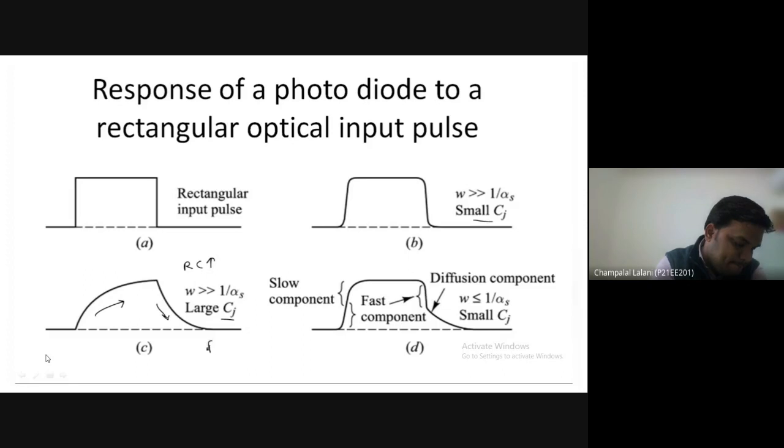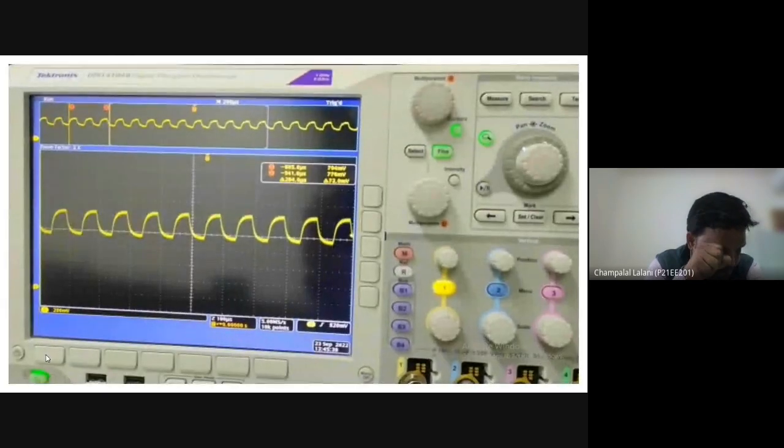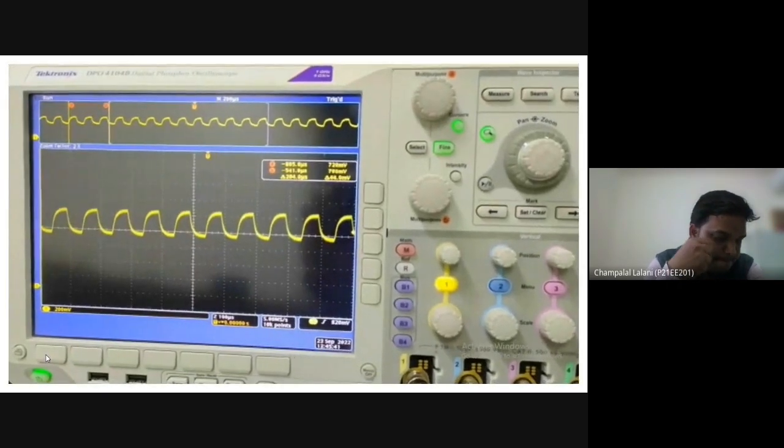As in our experiment the value of RC is fixed, if we increase the frequency beyond 10 kilohertz, there will be a distortion in the rise time and the fall time at the output. And this is the reason why we see a shape change at the output.